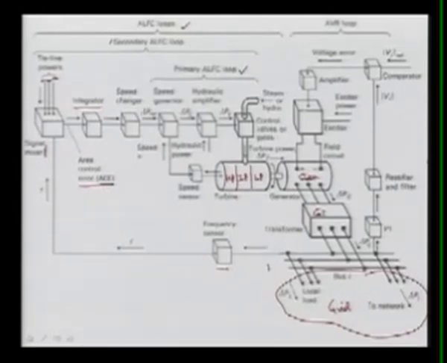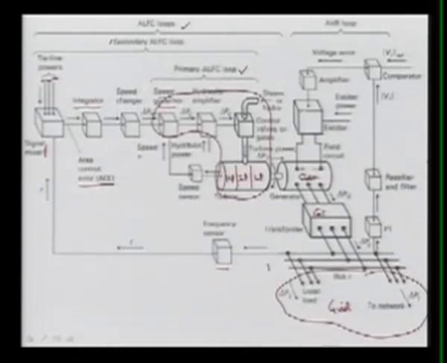So the speed changer command will be given, then this command is passing through your governor. Here the governor, already we modeled the governor along with the time constant and the governor gain, and then it is coming to some hydraulic amplifier basically, and then the turbine. So this whole block, we modeled completely.